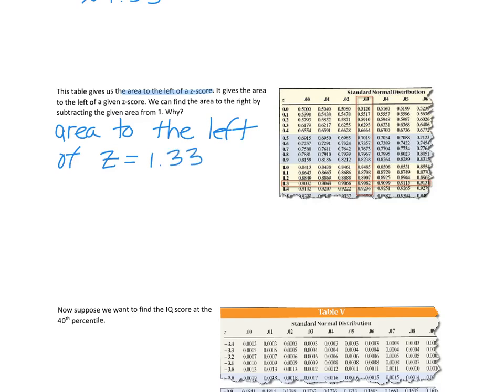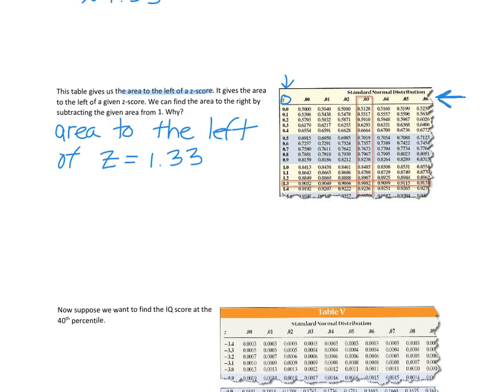This is how it's going to work. This is our z-score. The first column gives us the ones place and the tenths, and the top row gives us the hundredths place.